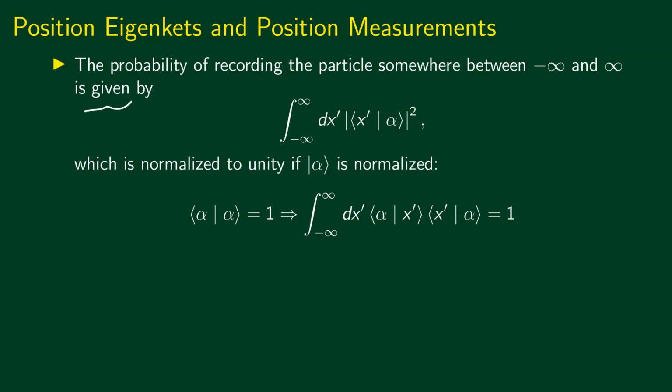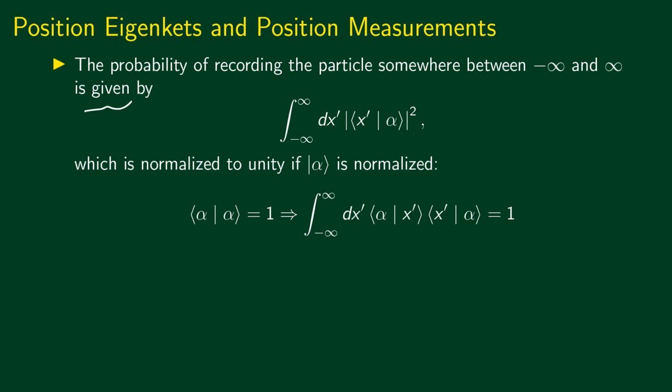You can ask the question, what's the probability that the particle is somewhere in the entire space? Then you integrate this quantity from minus infinity to plus infinity. This quantity will be called the probability density. It's probability per unit length, so multiplying with the length will give you the probability.